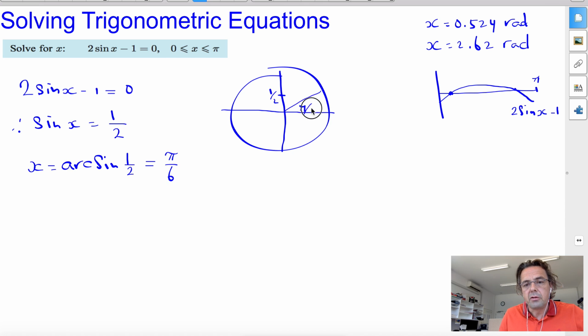This angle is pi over 6. But there's the other one there as well, with the same sine. And that angle is 5 pi over 6. So the answer is pi over 6 or 5 pi over 6.